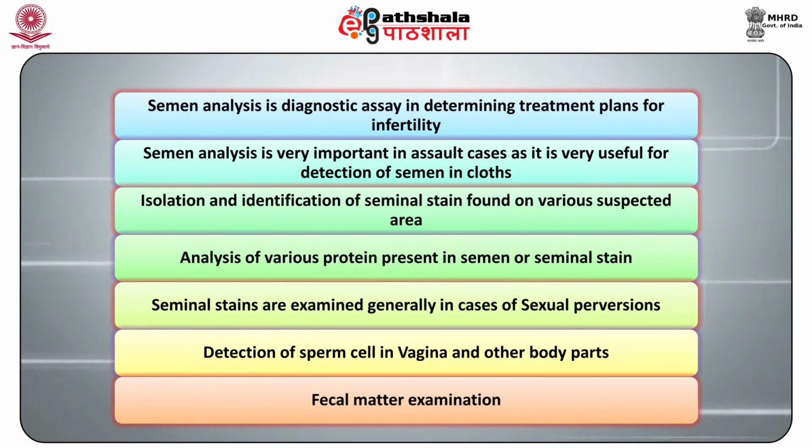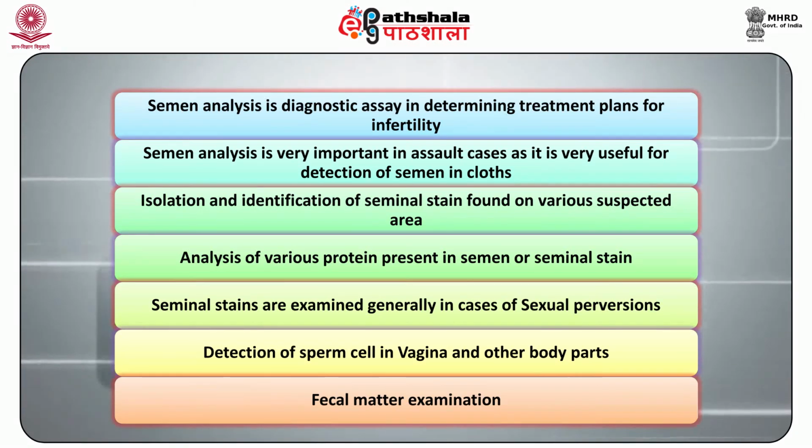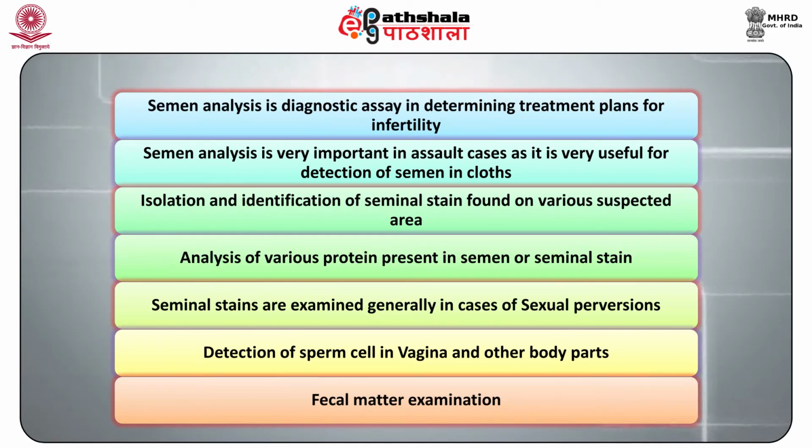The seminal stain is examined generally in rape cases, sodomy, bestiality, buccal coitus and cases of sexual perversions, as well as detection of sperm cells in the vagina and other body parts, and fecal matter examination.